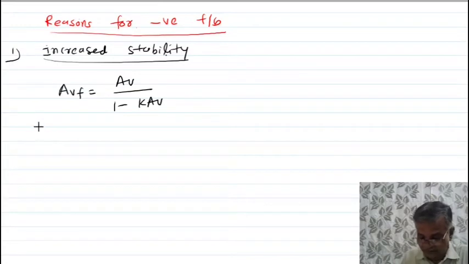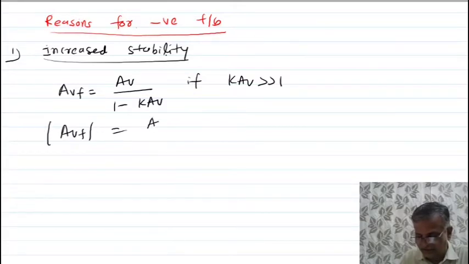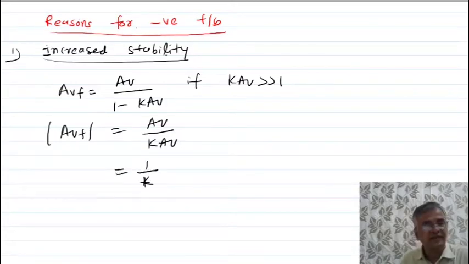If I am taking KAV is greater than 1, and already we know K is negative, so I can write, gain of the amplifier with feedback.